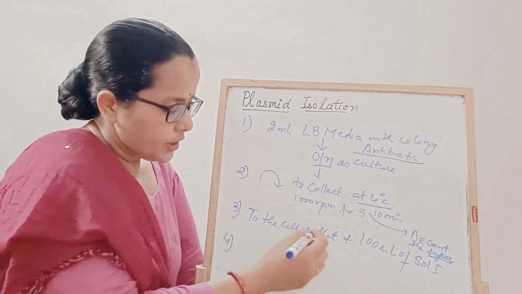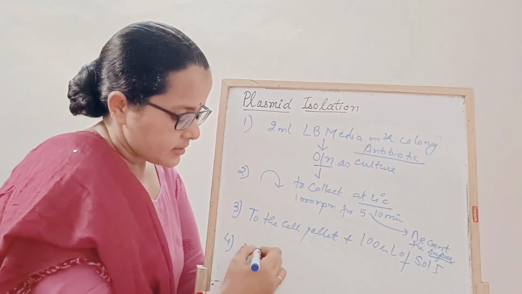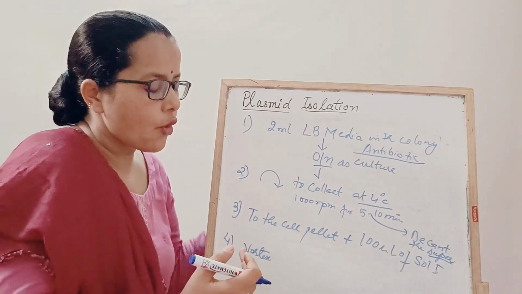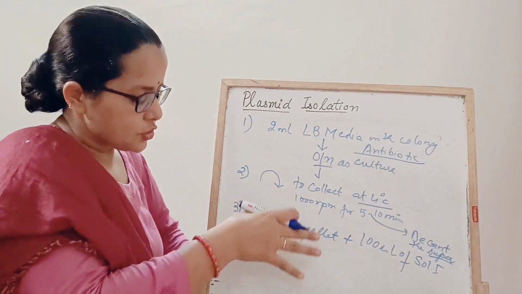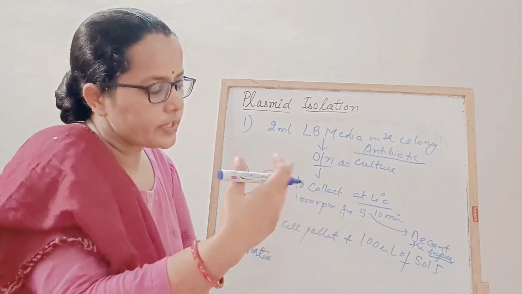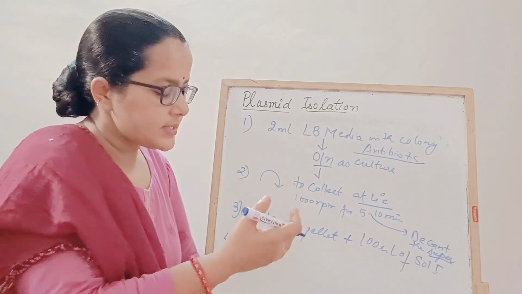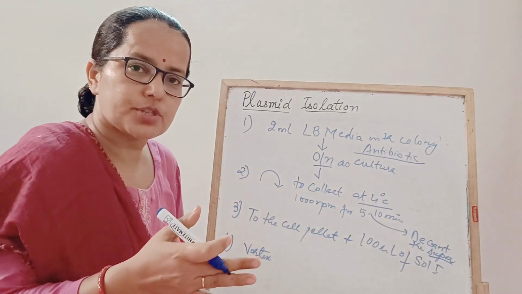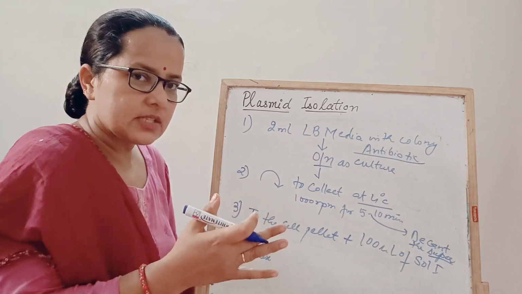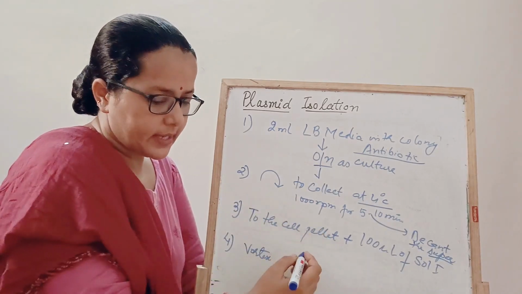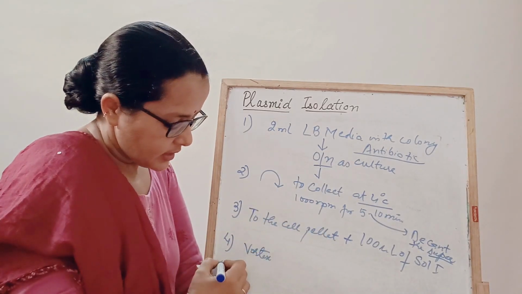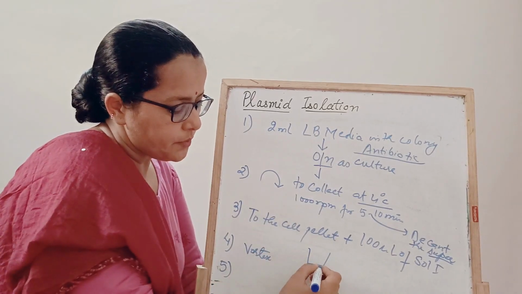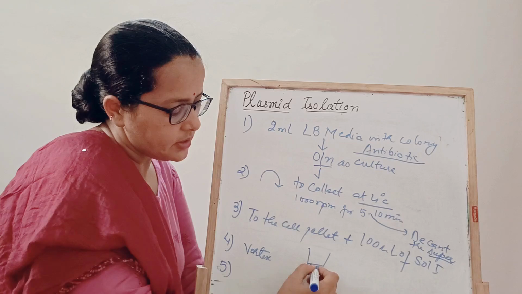Then vortex it, because you want to resuspend the cells. Once your cells are resuspended, go with the vortexing, and after vortexing all the cells are in suspension in the tube.